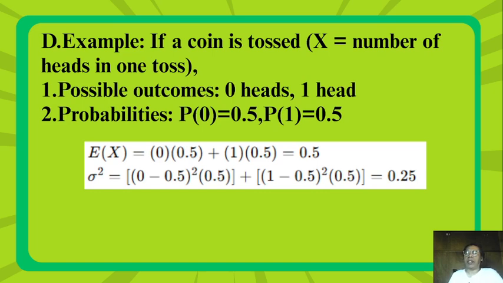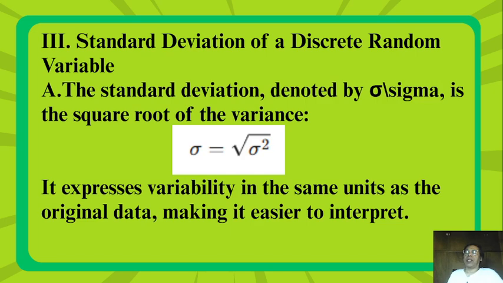Sigma squared is equal to (0 minus 0.5) squared times 0.5 plus (1 minus 0.5) squared times 0.5, which is equal to 0.25.